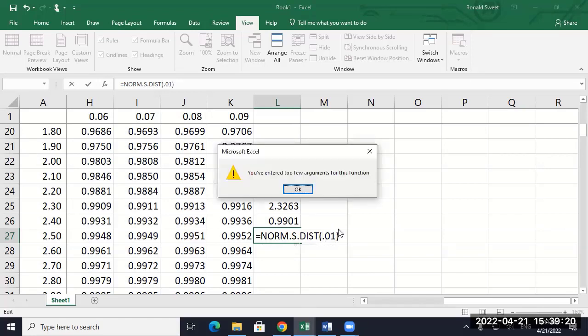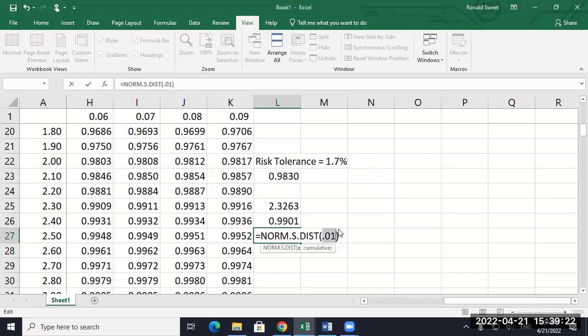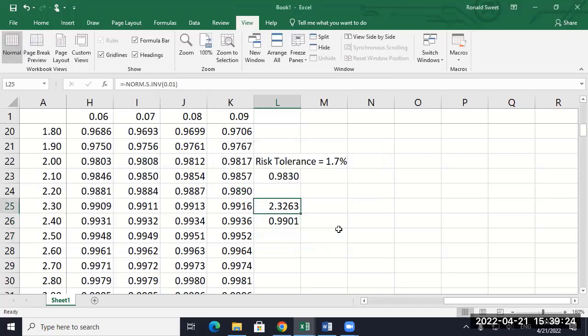I don't know why it's telling me no. Too few arguments. Did I use the wrong one? So I don't know what I just typed there, but minus norm.s.inv, you put the probability in there to tell you the number of standard deviations. Okay, so you can go either direction.